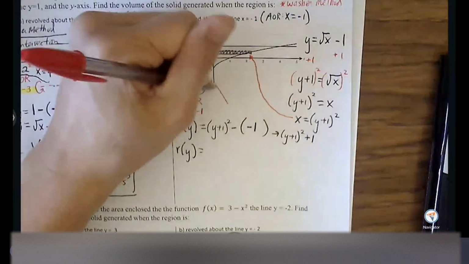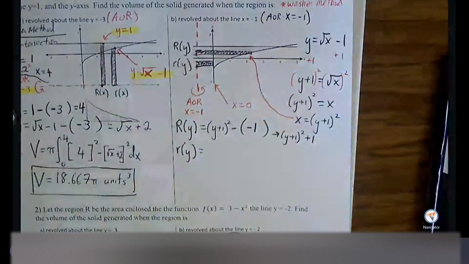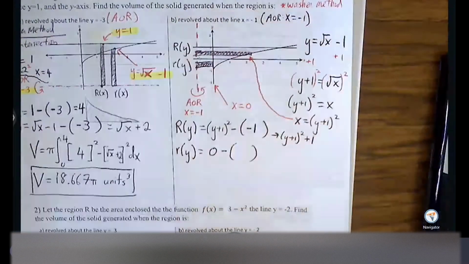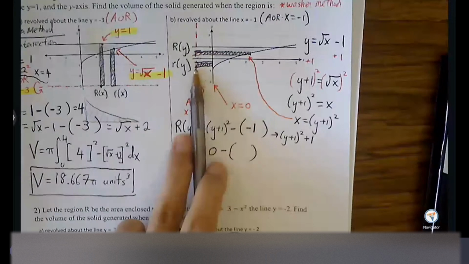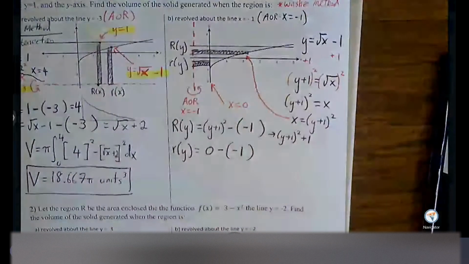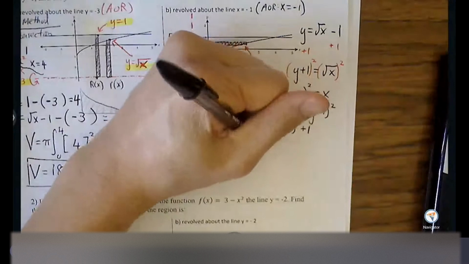Let me point that out. Zero minus parentheses, left endpoint of little radius, -1. Again, we've got to resolve those two negatives. The parentheses helps us see that a little better. So 0 minus a -1 is just 1.